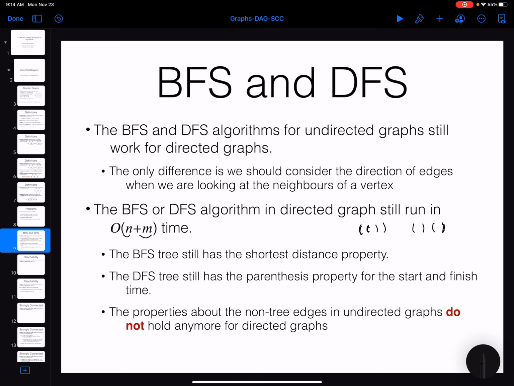Those properties don't hold anymore, because all of the edges are going to have direction. So the edges which are not a part of the tree are not necessarily going to be back edges. So we don't have those properties for the edges which are not a part of the DFS tree.